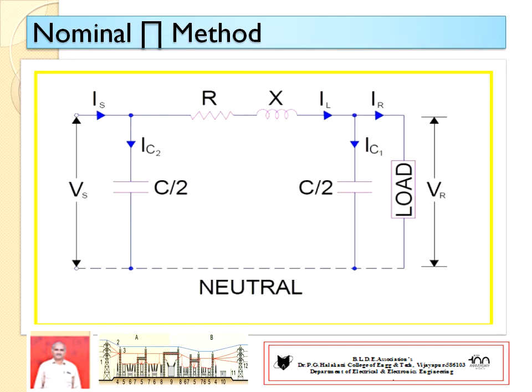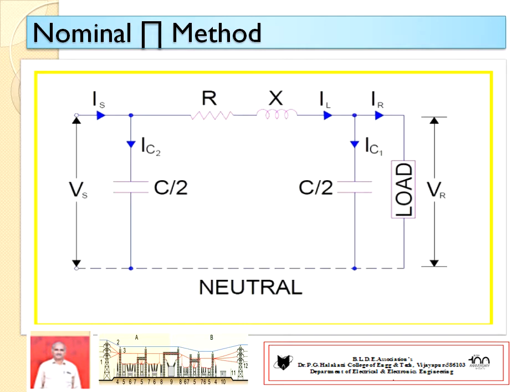Knowing the C value and the Vr value, calculate IC1. Knowing IR and IC1, use KCL to calculate IL: IL equals the vector sum of IR plus IC1. Knowing IL, go for the calculation of impedance drop: we know the resistance, the inductive reactance and Z, so the drop is IL into Z.